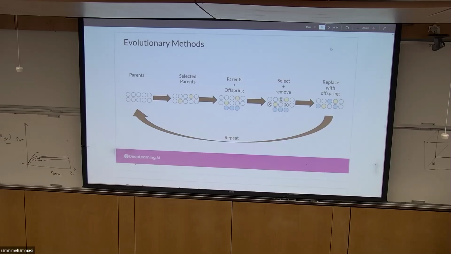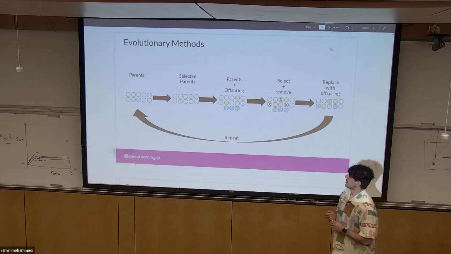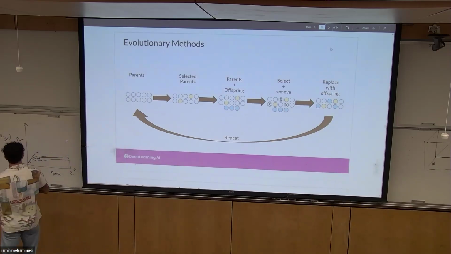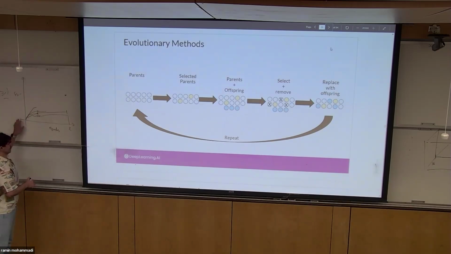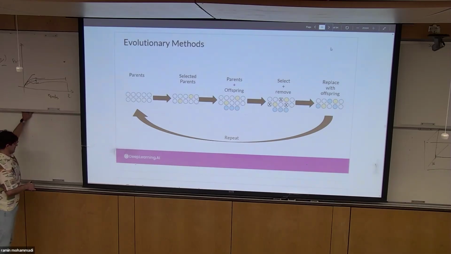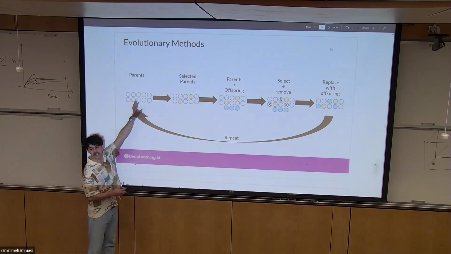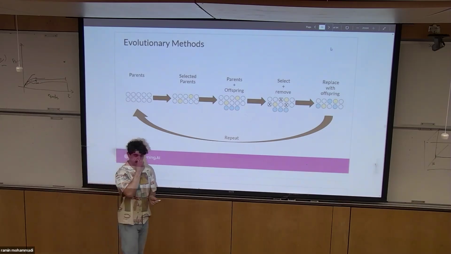The other one is evolutionary methods. What we do here is, you have some design, and you come up with some so-called parent architectures.